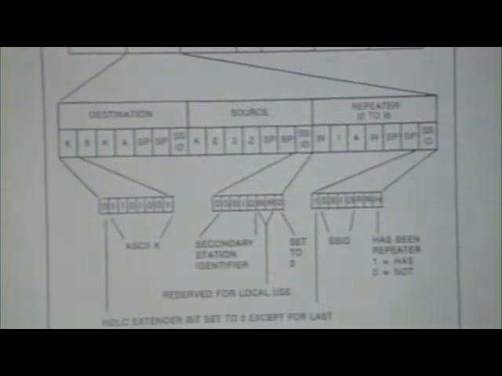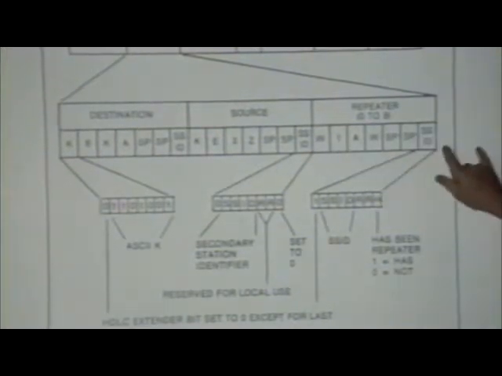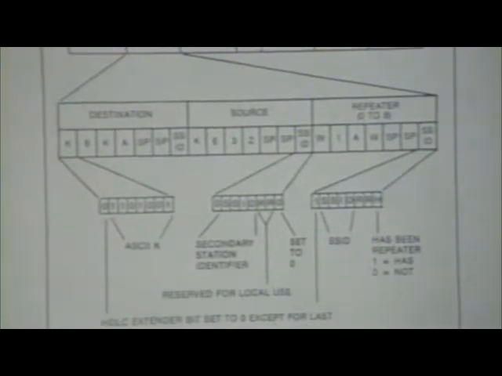What that means is, let's say I want to connect to Joe, but we're going to go through 2 digital repeaters. My packet goes to digital repeater number 1. He sees that that is a 0. So he makes it a 1. The address, by the way, would be this call and then the second call. The first repeater, second repeater. He would change that bit at the end of the SSID frame to a 1 and then send it.